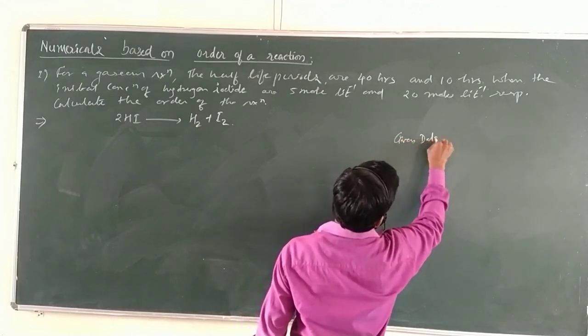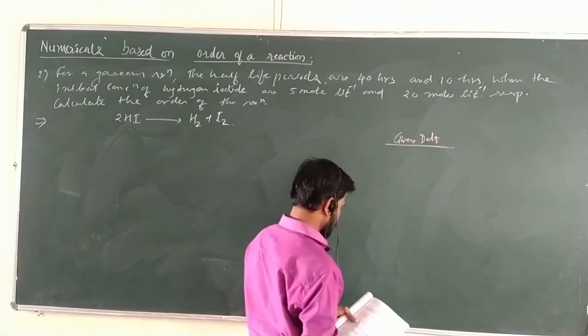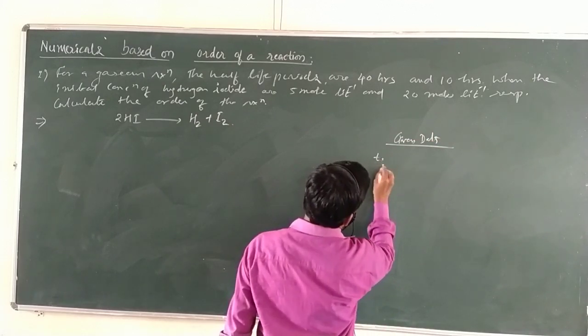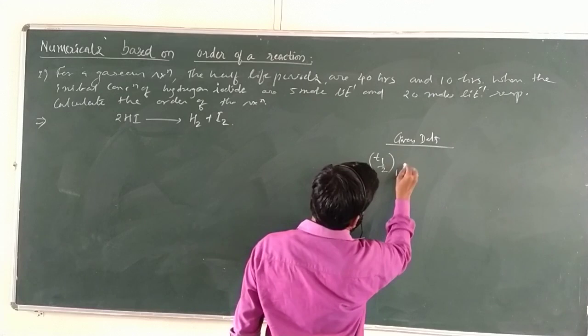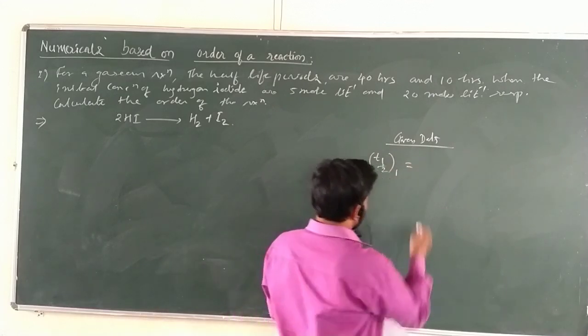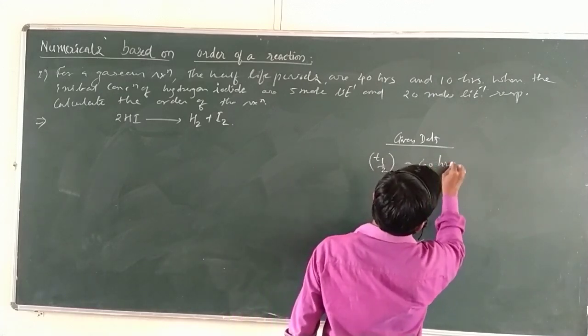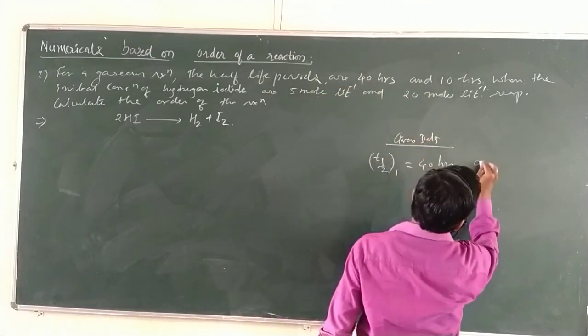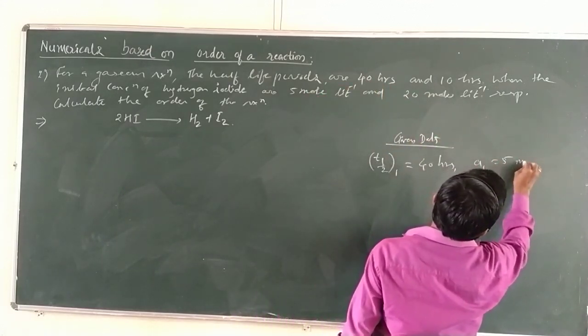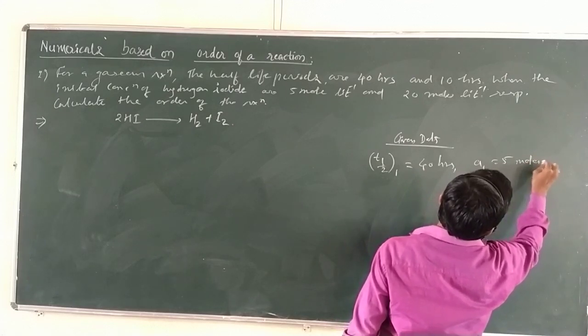Very simple. See the given data. What is the data? T half of first equal to 40 hours. What was the initial concentration? A1 equal to 5 moles per liter.